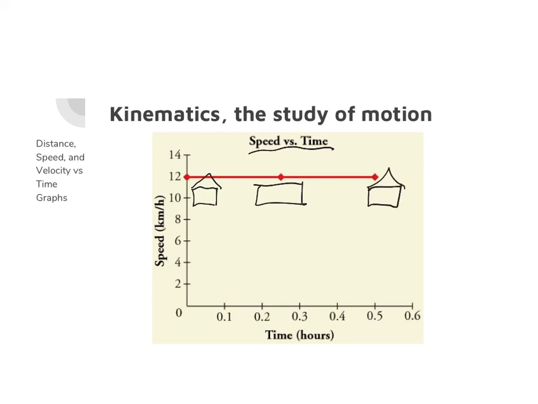And here it shows that our average speed during that interval was 12 kilometers per hour. That's because we are considering the total distance traveled during this time interval, that is to the store and from the store back to our house. So here we have a speed versus time graph.